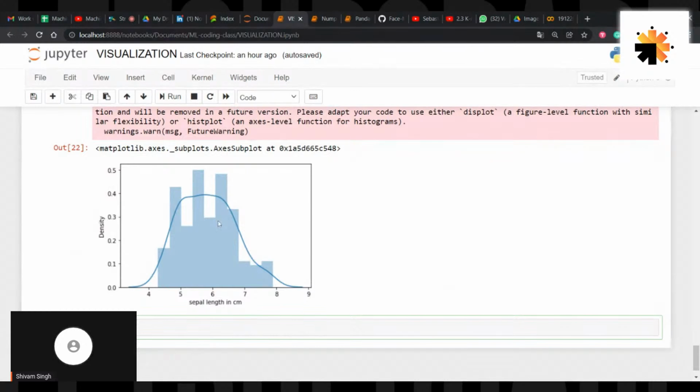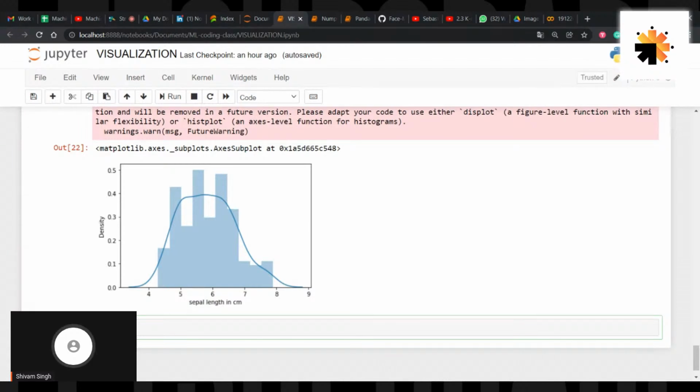This is a proper distribution plot. On the x-axis I have the values of the sepal length, and on the y-axis I have a probability. You can say a frequency, but it's not a frequency, it's a relative frequency.